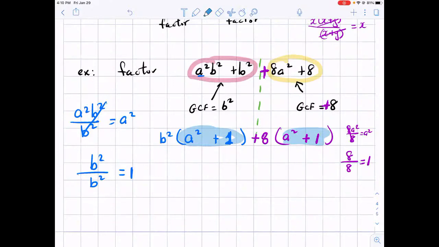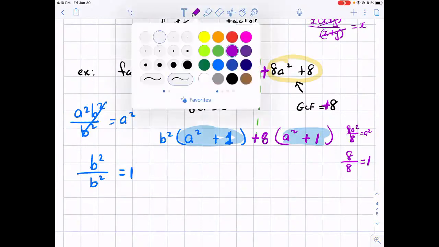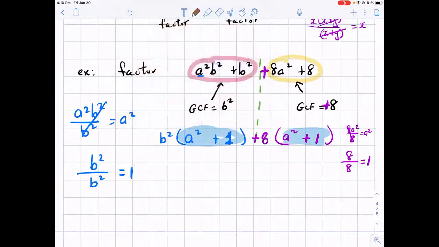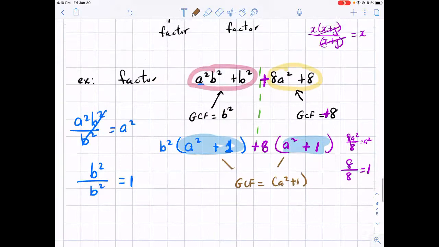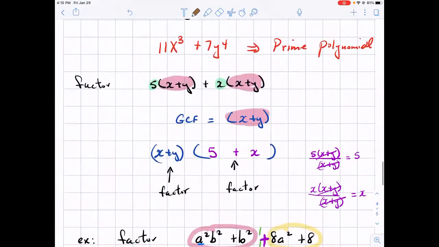Now, because these two parentheses are the same, we can say that here, these are GCF again. Okay? And that's why above I said this was leading to factor by grouping, because when the parentheses are the same, we factored it out.